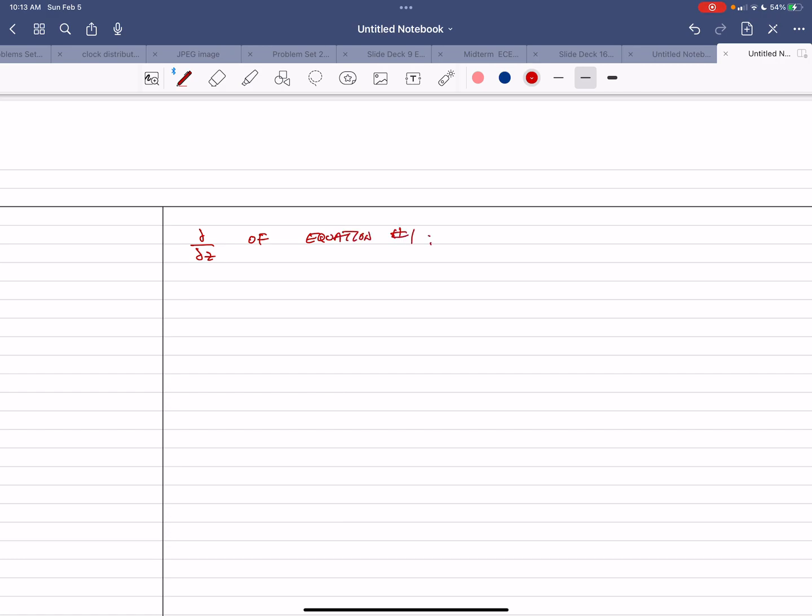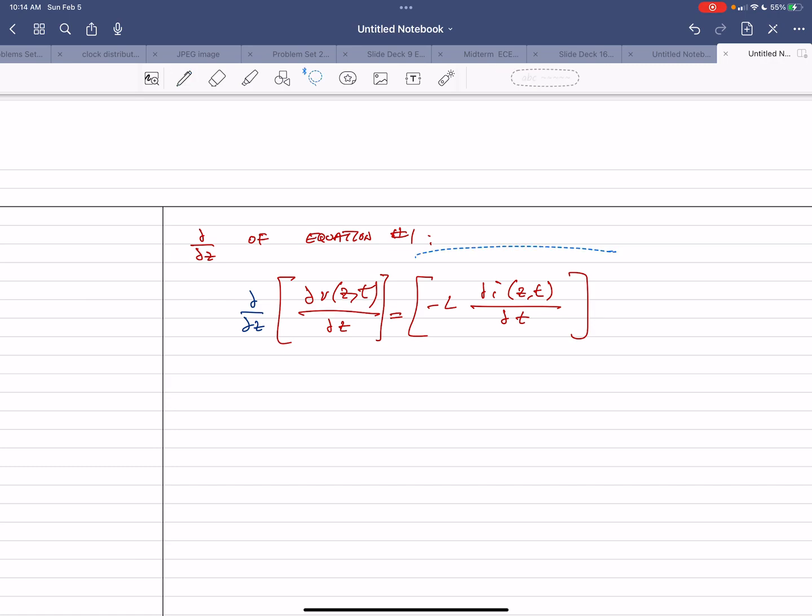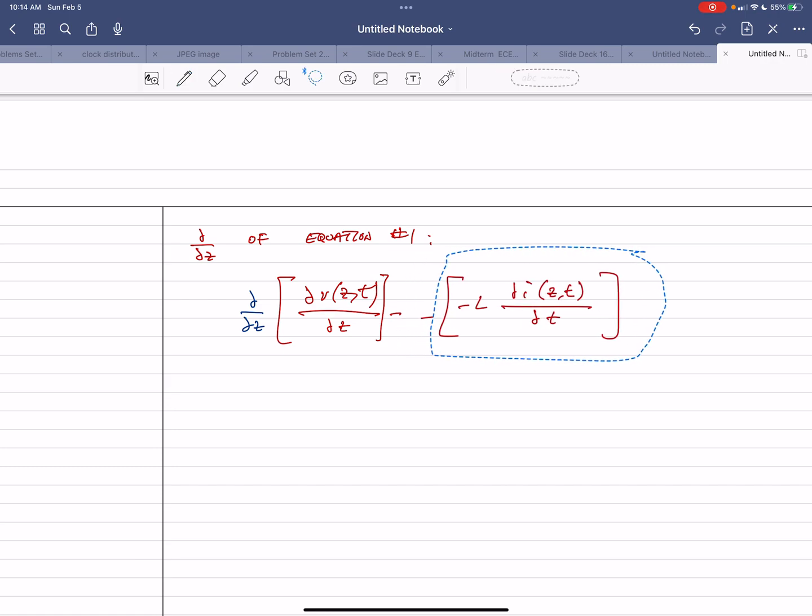Equation 1 is dV(z,t)/dz is minus L dI(z,t)/dt. Then I take the derivative of both sides with respect to z.